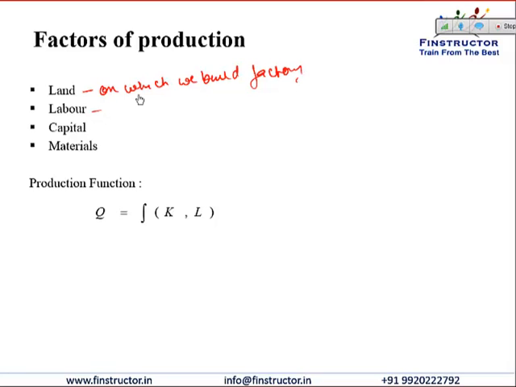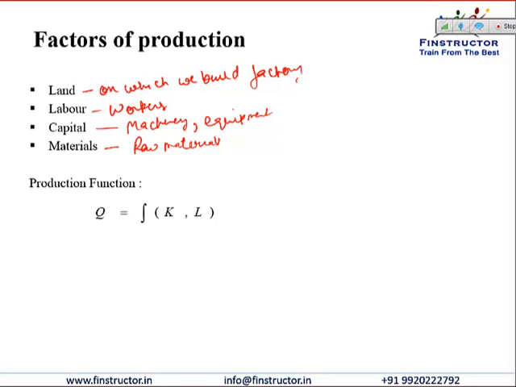There is labor, that is the people working in the factory. There is capital needed. This is the machinery and equipment that we have installed in the factory. And finally, we will require materials, that is raw materials, some coal, limestone. Something has to go in for our product to come out.